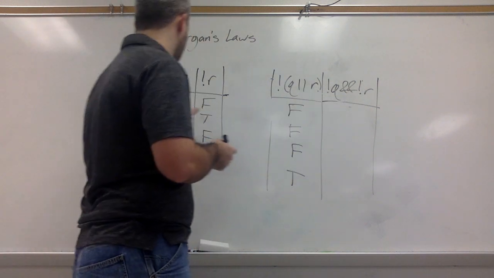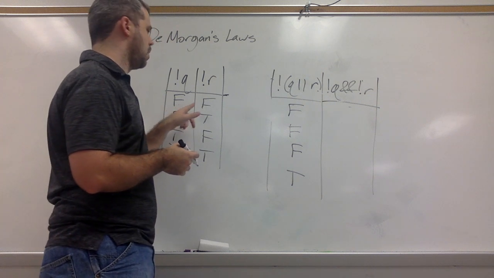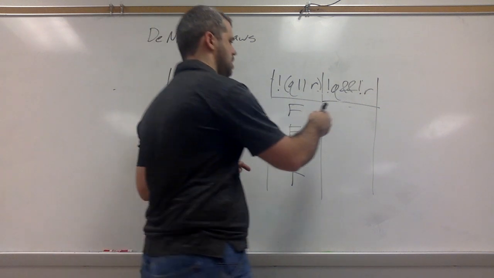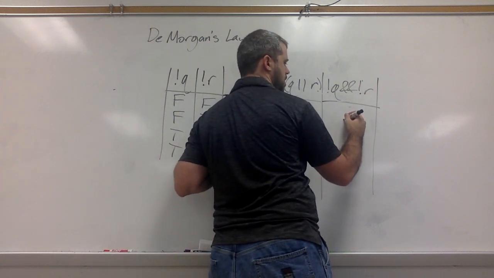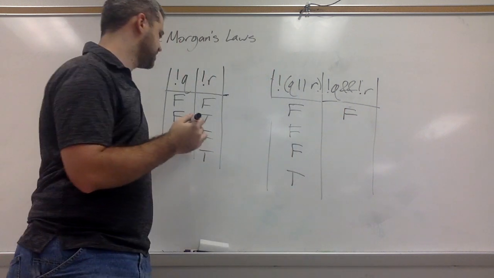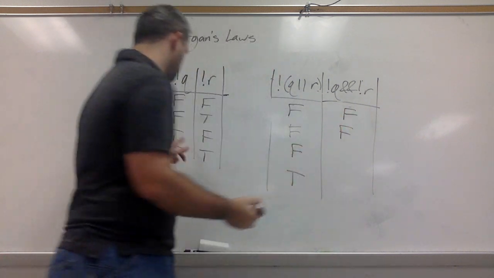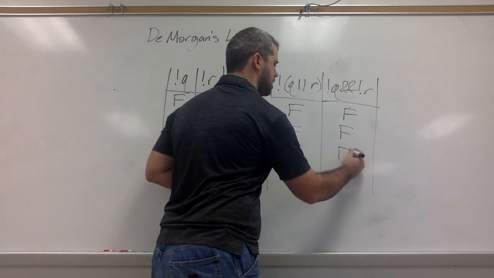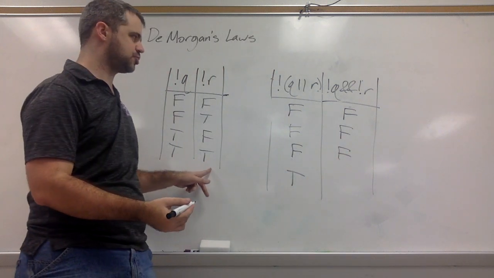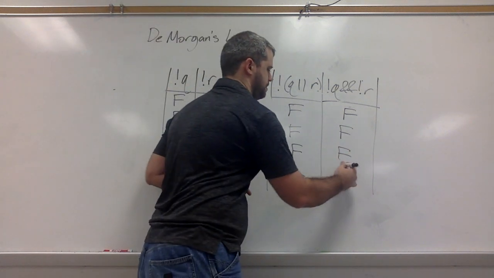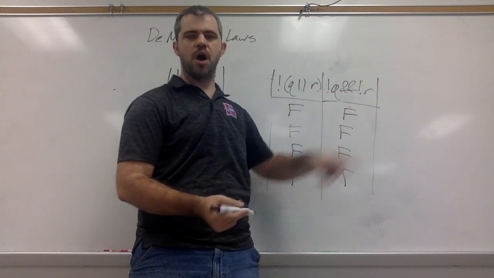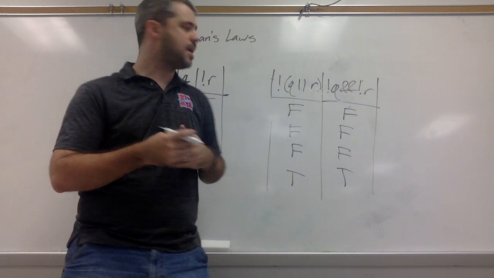So let's double check. False and false is going to be false. False and true is false. True and false is false. True and true is true. So these two are logically equivalent.